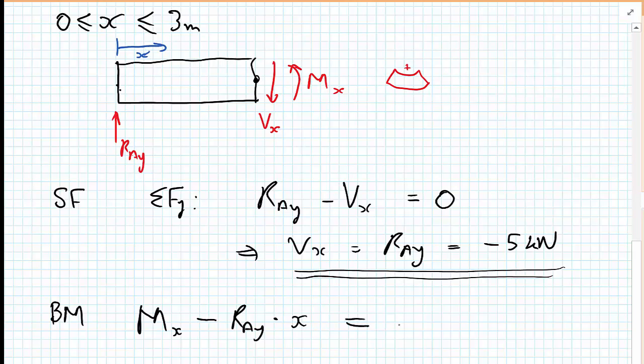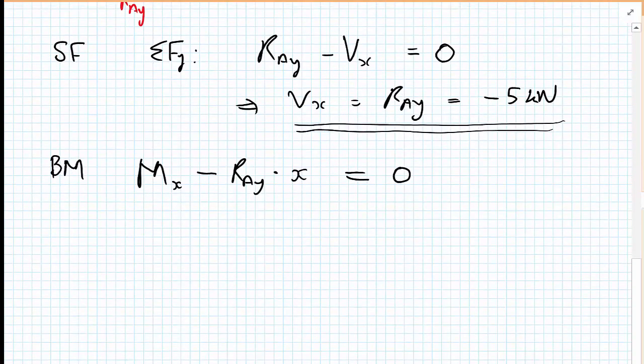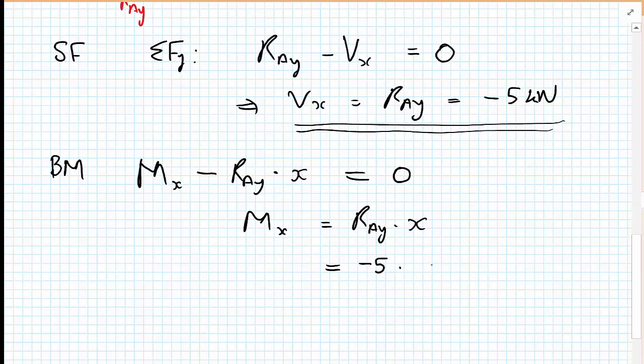And for equilibrium, that is all equal to 0. So I can rearrange this now. M of x equals RAY multiplied by the lever arm x, and then substitute my value for RAY, which was minus 5 times x. So those are the shear force and bending moment equations for the first half of the beam.